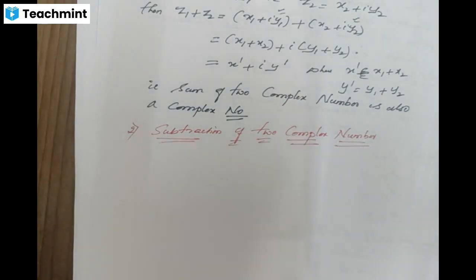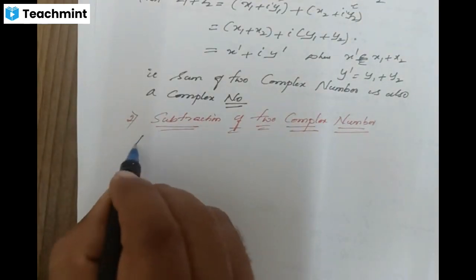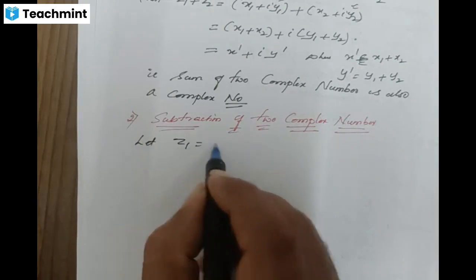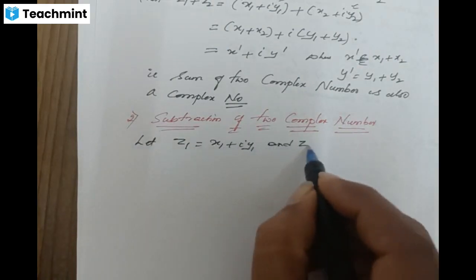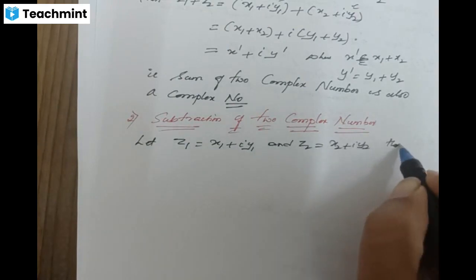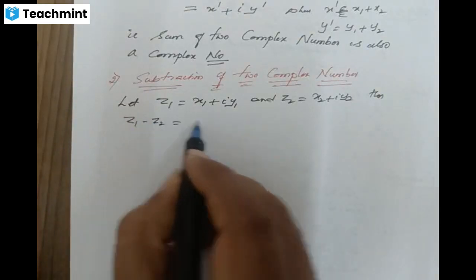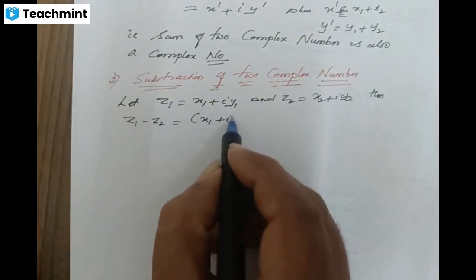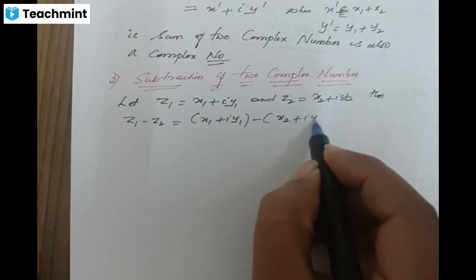Again I will take two complex numbers. Let z1 is equal to x1 plus iy1 and z2 is equal to x2 plus i into y2. Then subtraction means z1 minus z2, which is x1 plus i into y1 minus x2 plus i into y2.